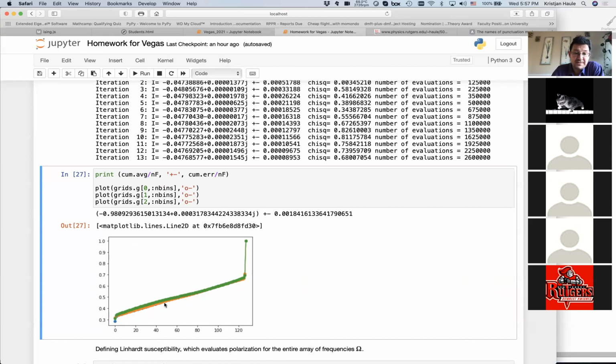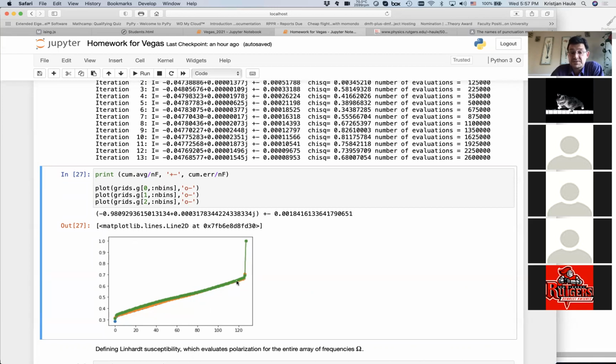Now what you see in the grid is interesting. The grid here at the very end, close to the cutoff, goes up extremely fast. And the reason for this is that the integration limits are too big, in the sense that there is nothing going on at 3 kf. So if we reduce the cutoff to maybe 2 kf, then this sharp rise would be smaller.